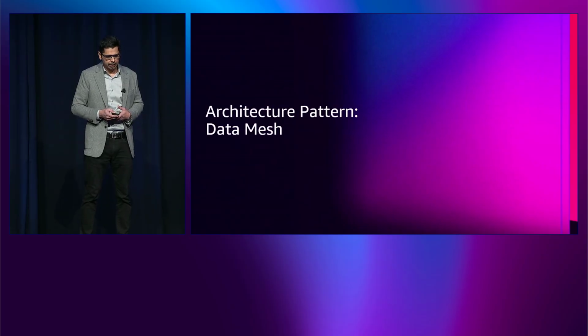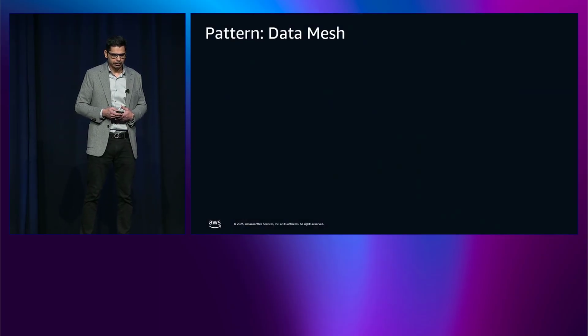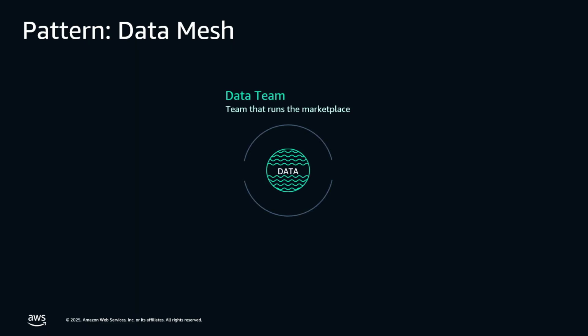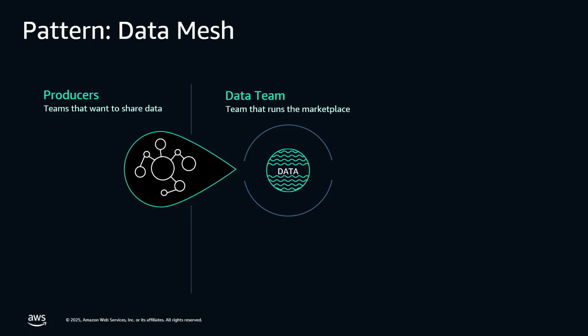So let's dive a little bit deeper into the data mesh architecture. In a typical data mesh architecture, you create a central data marketplace, wherein the producers of the data would create the data sets. I'm just going to take an example of an insurance company again, because I have been dealing with a lot of insurance customers.